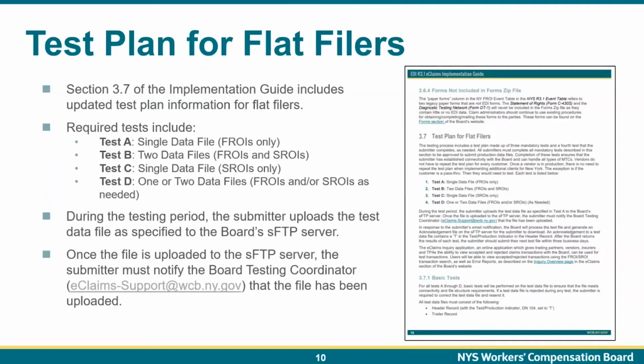We also encourage you to email the eClaims 3.1 email as well. That will allow us to be aware that that file is being processed by our technical team, and also allow us to begin scoring that file. As noted previously, it's a 90% acceptance rate to move from one test to the next.